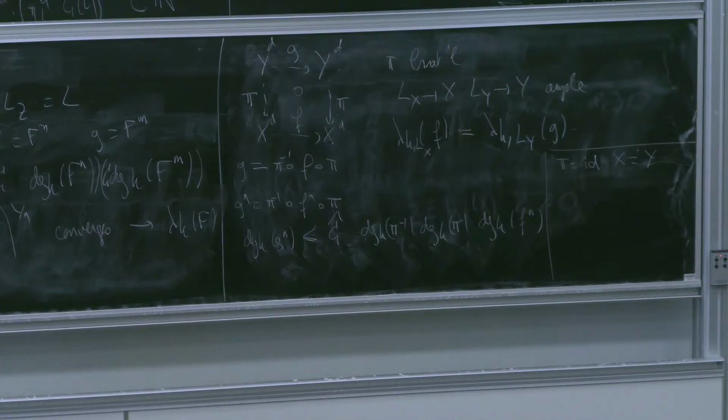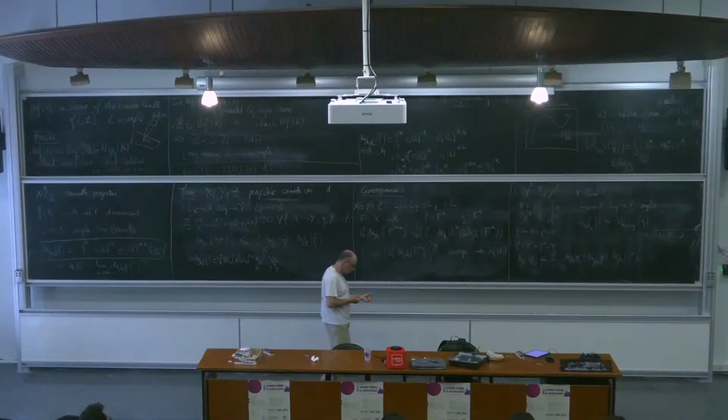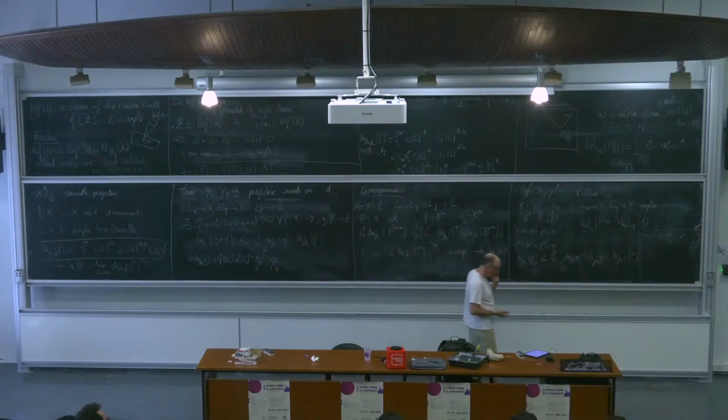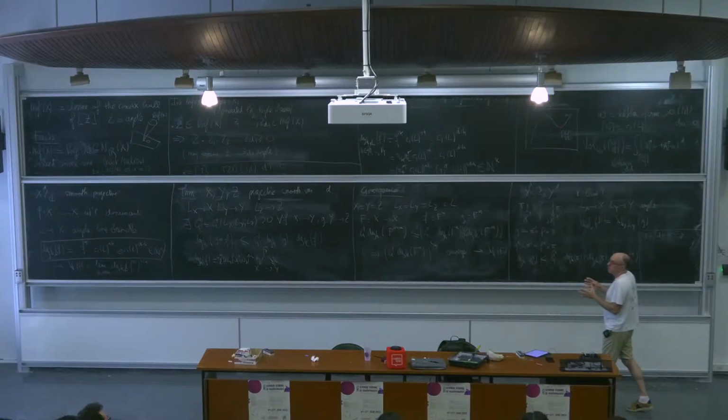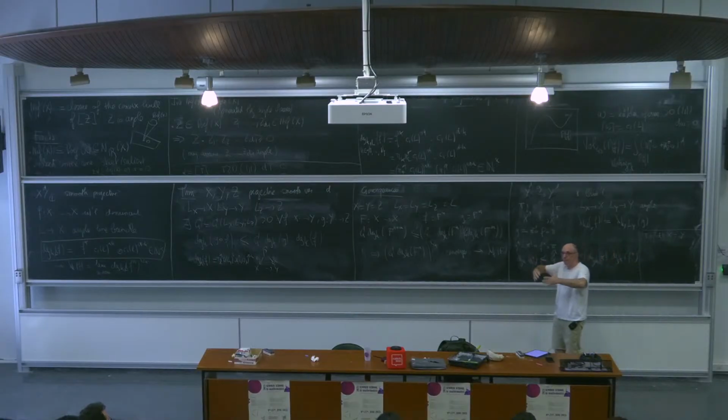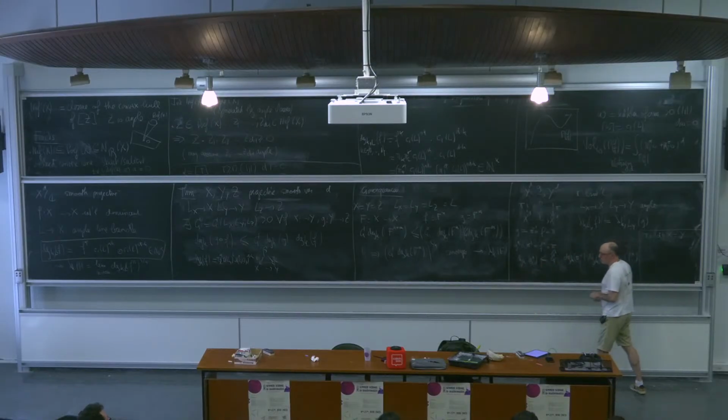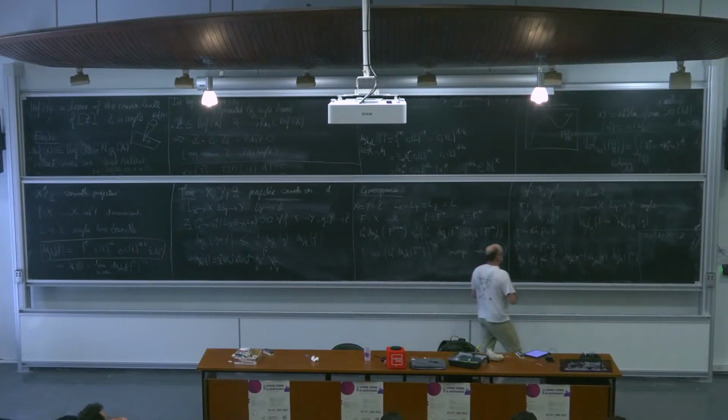If you change your line bundle, the numbers that you get are not going to be the same. They're different, but the rates of growth are comparable. So here I have a weaker statement: their dynamical degrees are the same.